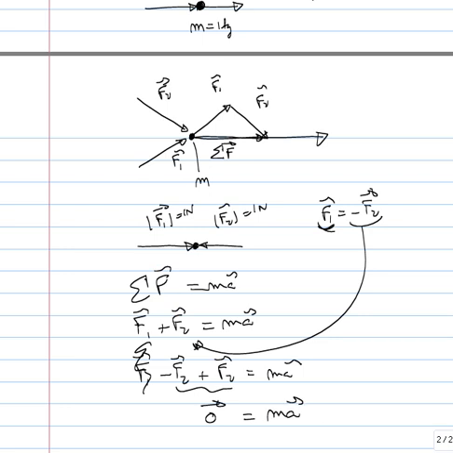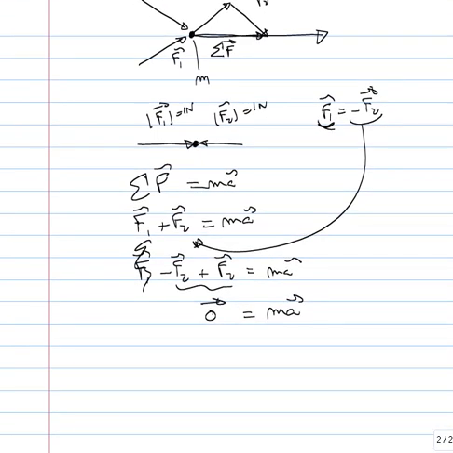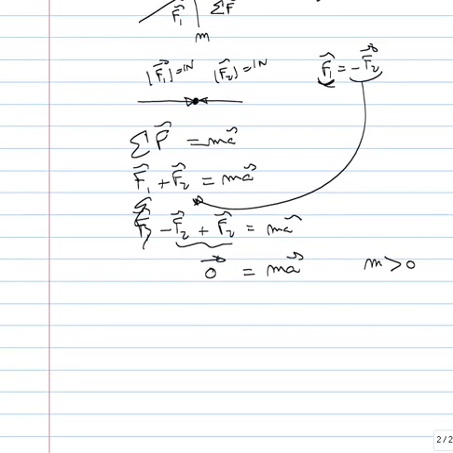is equal to ma. Now since we are only going to be dealing with particles of positive and real mass, then m is always strictly bigger than 0. Therefore I can divide that equation by m, and I end up with a is equal to 0.